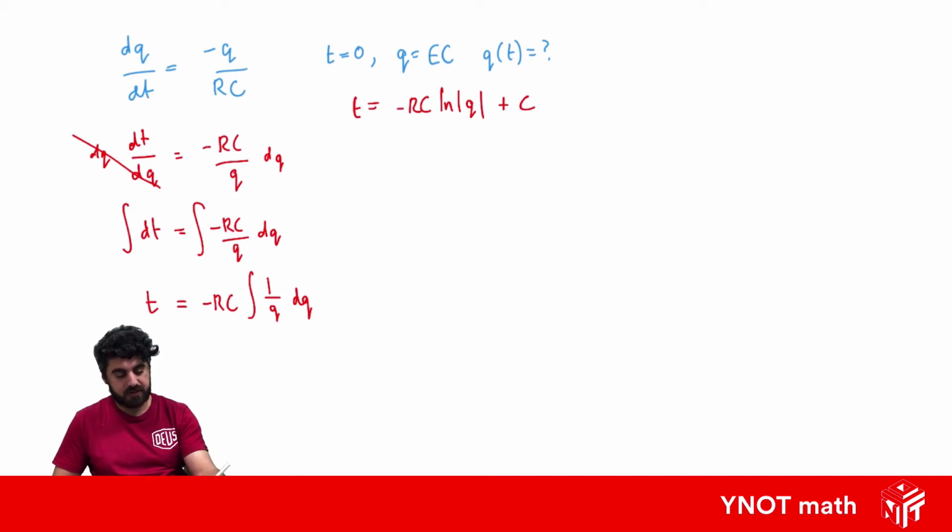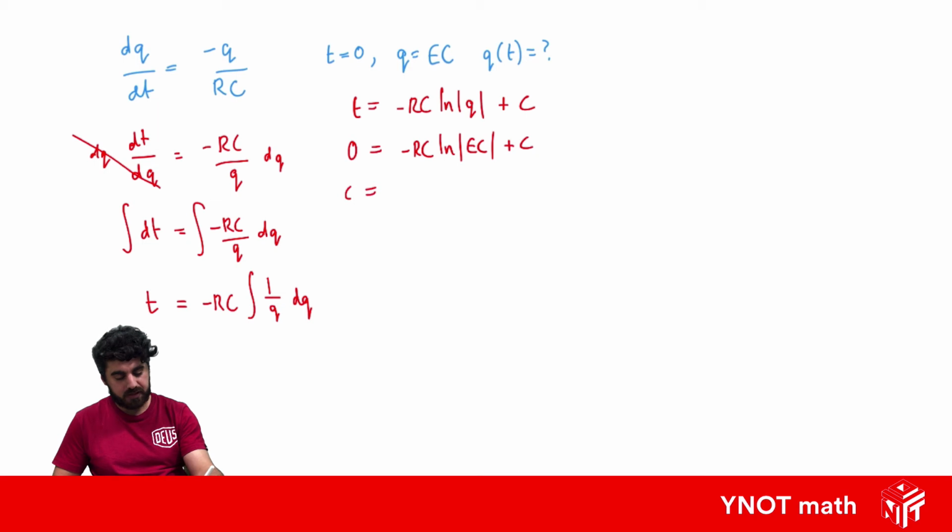So we know when t is 0, q is equal to EC. So we have t being 0 equals minus RC times the ln of the absolute value of EC plus a constant. So let's add the RC ln EC to both sides.